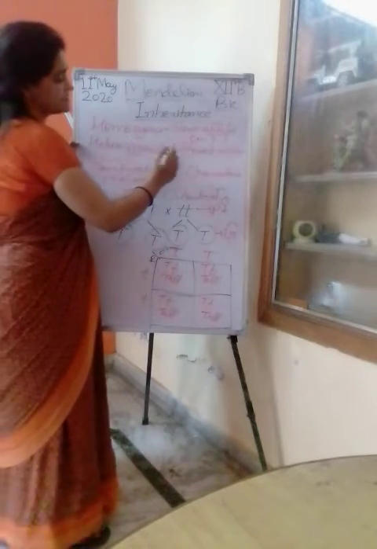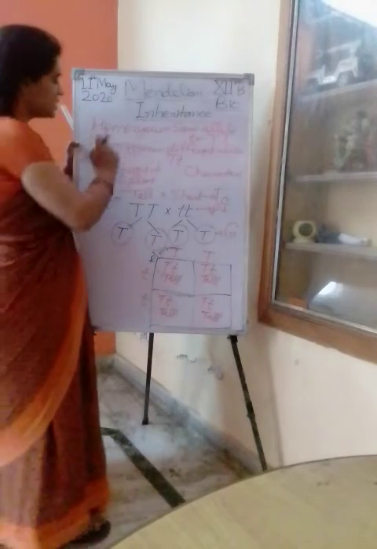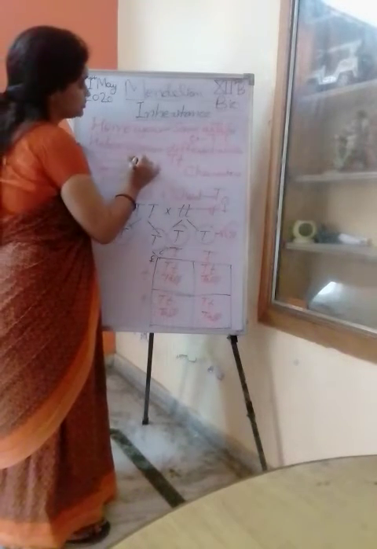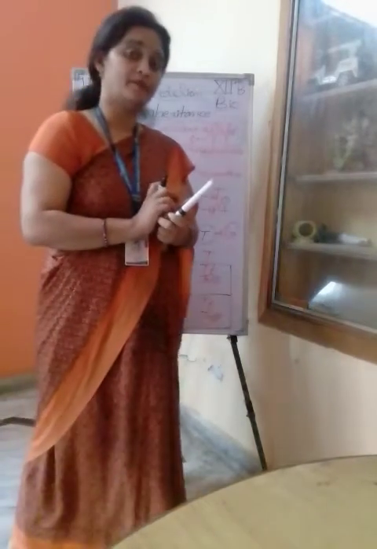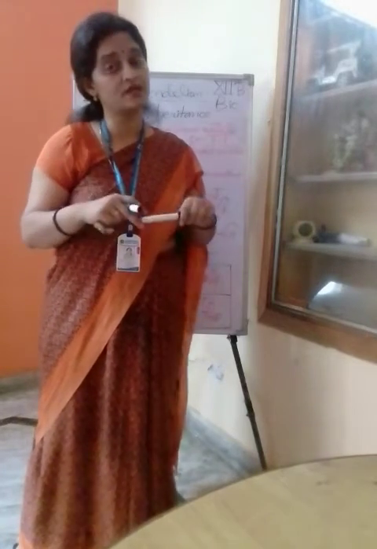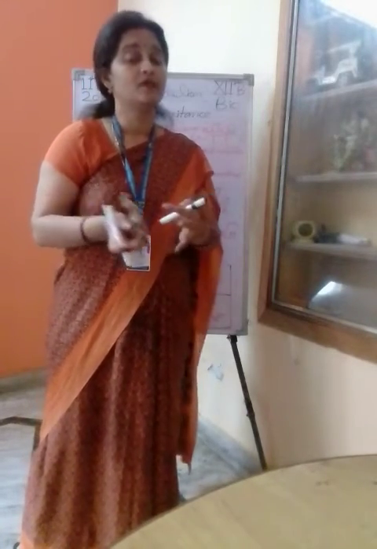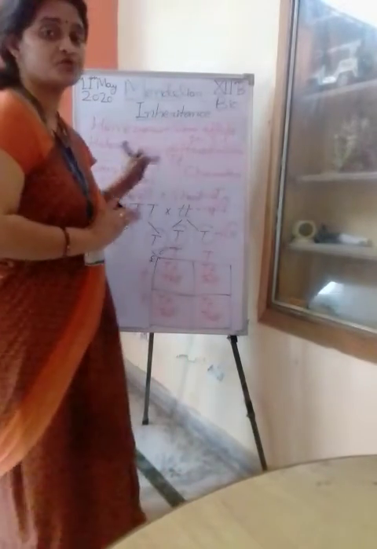Different alleles means capital T, small t. So do you understand homozygous and heterozygous? That is very important for board examination questions: differentiate between homozygous and heterozygous, and give an example. Understand? That's a very important question.